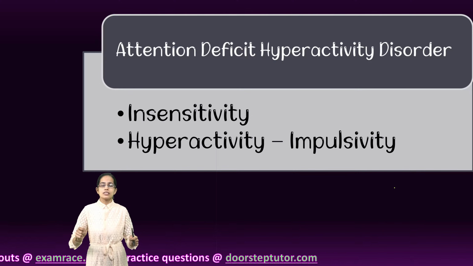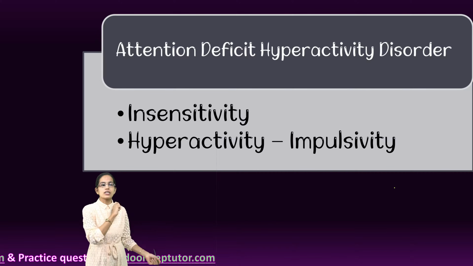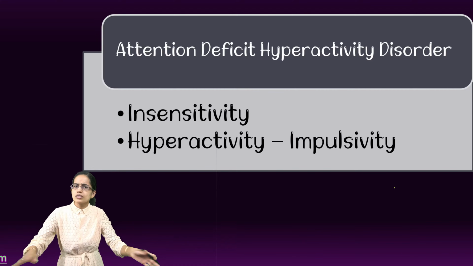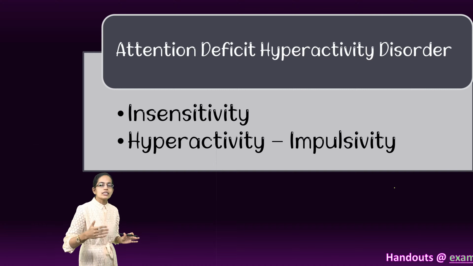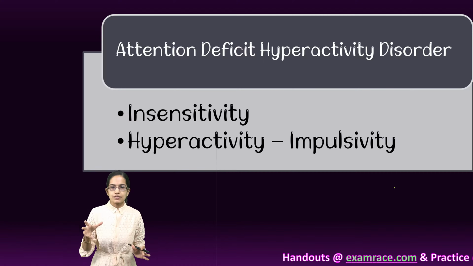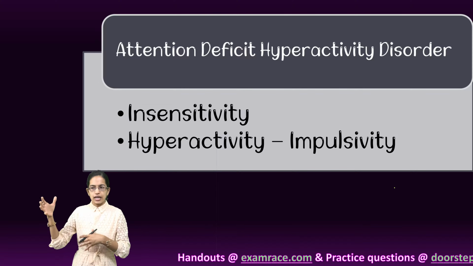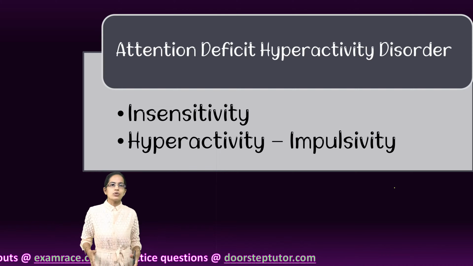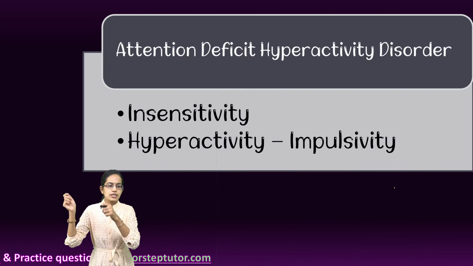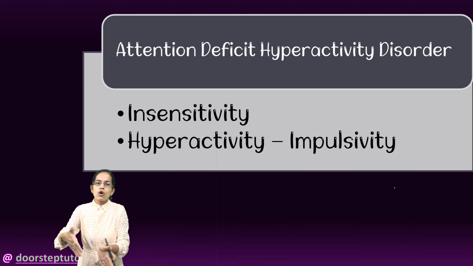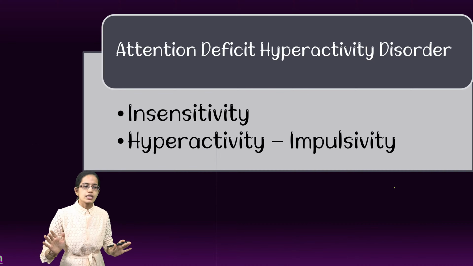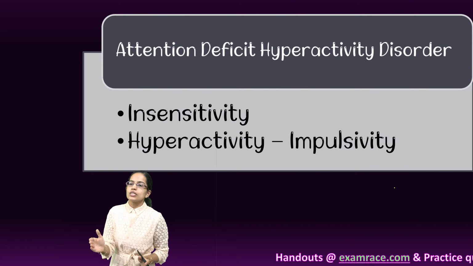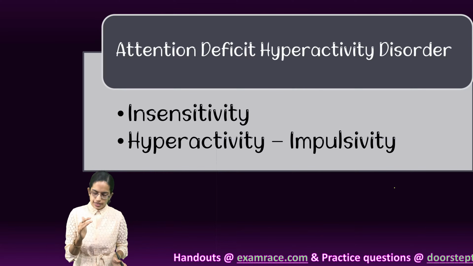Even if you ask the child to sit, the child would keep on jumping on the table, dropping things, hitting things, and this would be a constant non-stop phenomenon. Activity levels are high, attention span very low, and therefore the child is constantly in motion, climbing, jumping, sitting, dancing, eating, throwing, and highly inattentive. So this is attention deficit hyperactivity disorder.